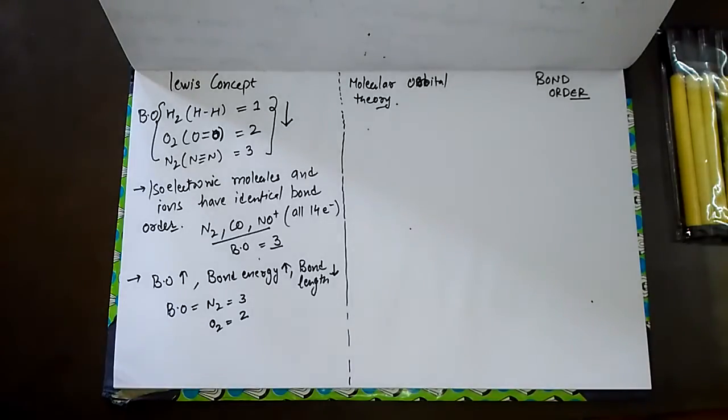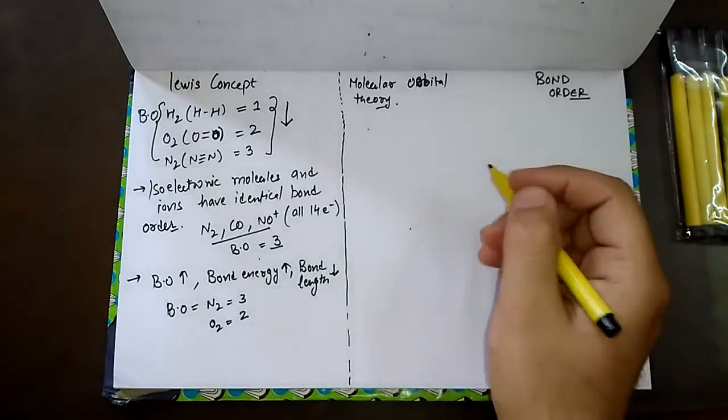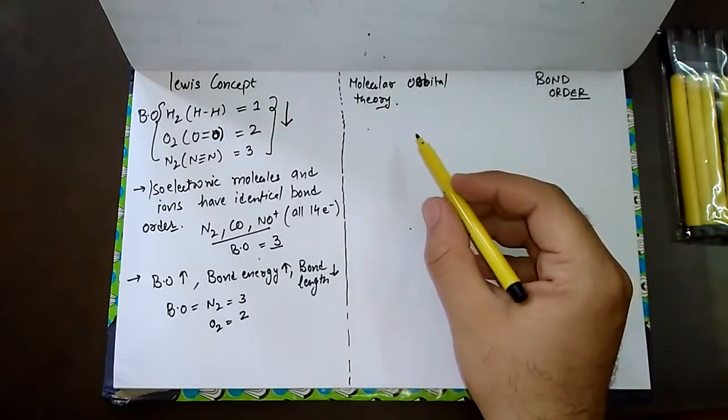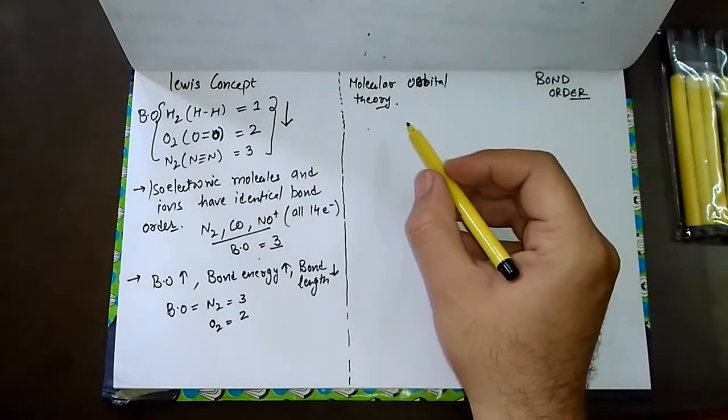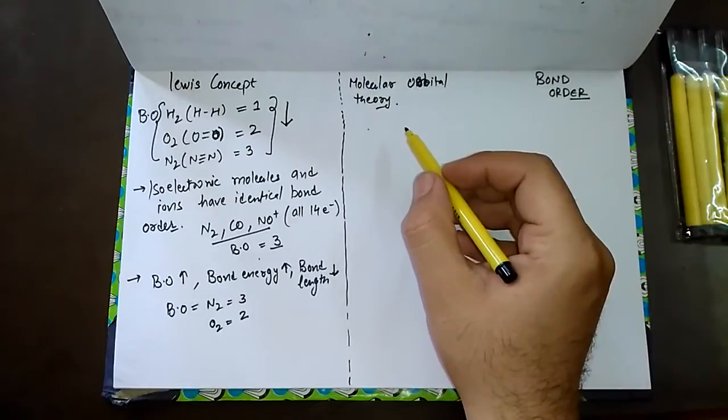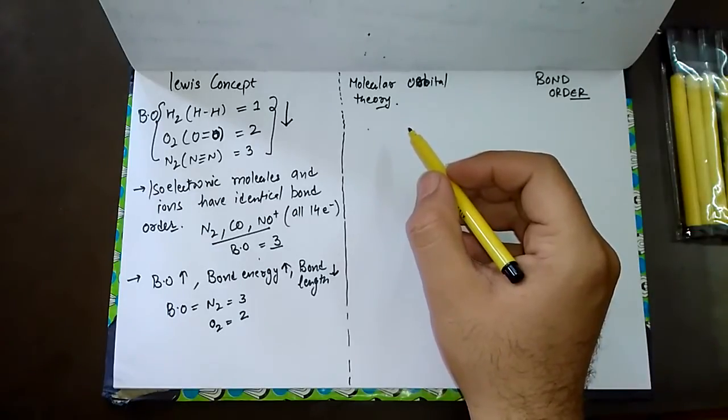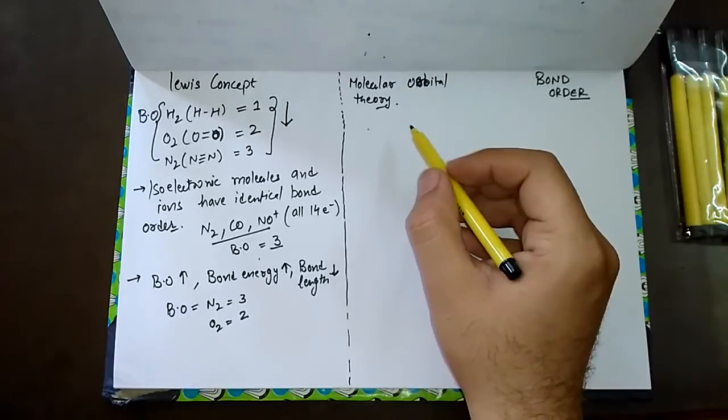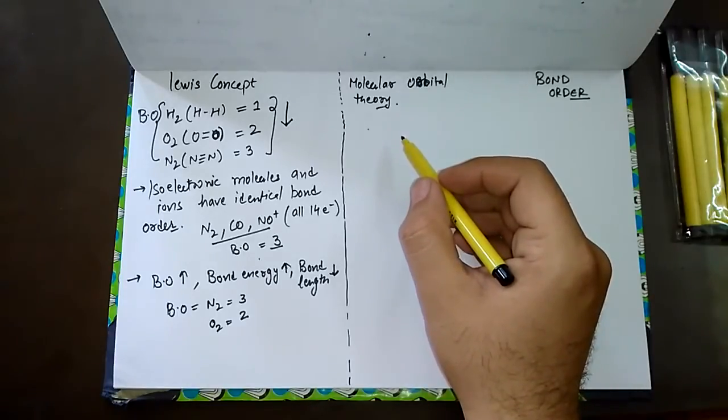I'll illustrate the important points necessary for finding the bond order in MOT. We know that electrons are present in both orbitals. Molecular orbital theory has two types: bonding and anti-bonding. Electrons are present in both of these molecular orbitals.